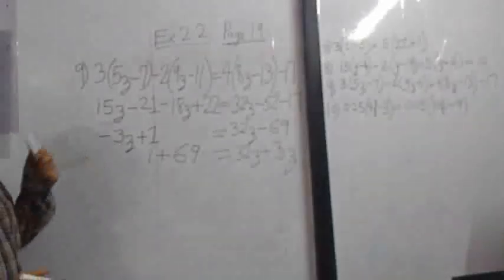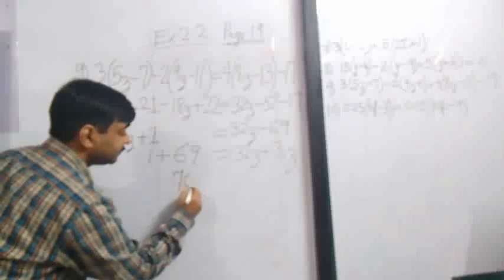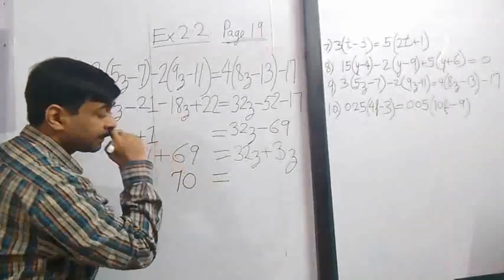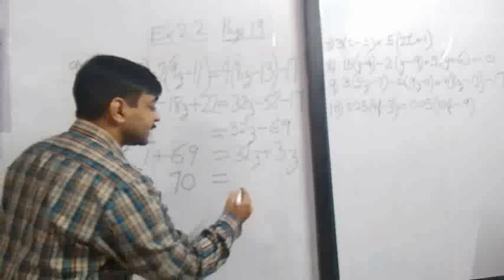Alright, there you go. 1 plus 69 is 70 equals 32 plus 3 is 35.